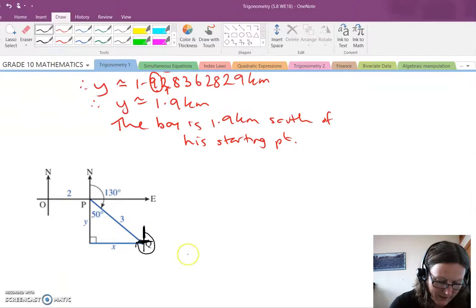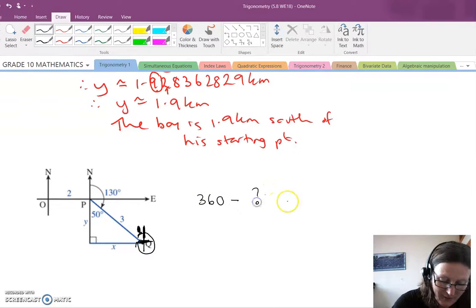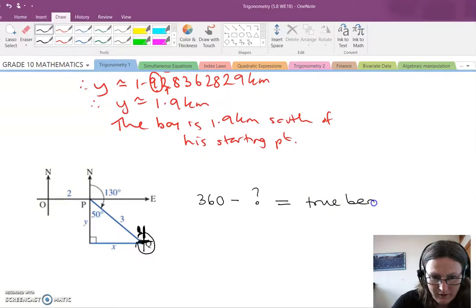Now, one complete circle is 360. So if we can maybe find out what this angle here is, we would then go 360 minus whatever we found out, and that will give us our true bearing. So let's look at how we can find out what this angle is here.